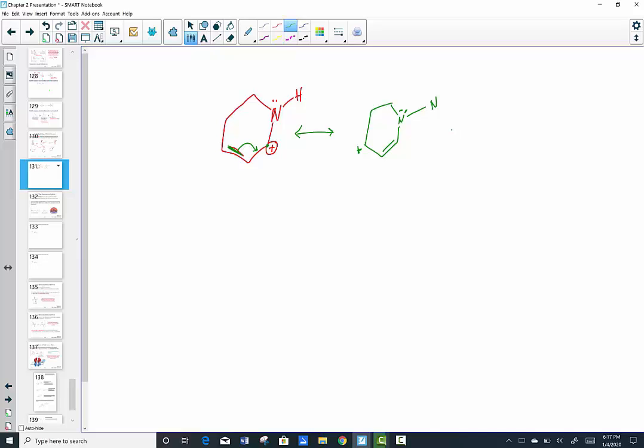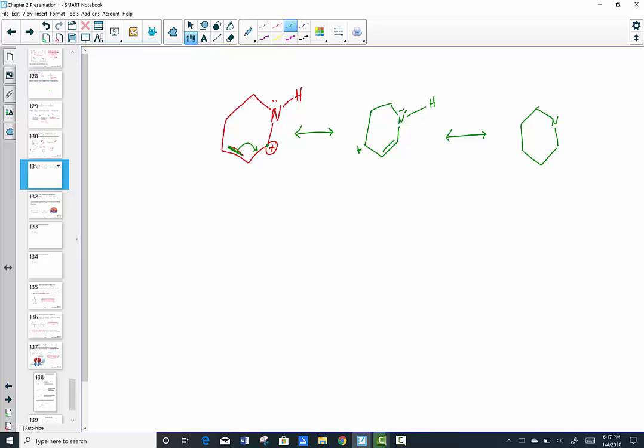So we can move again. And this particular structure says the dots here, this is an H. There we go. All right, so we have an adjacent pair. So that means this particular structure can move those dots to become a pi bond.